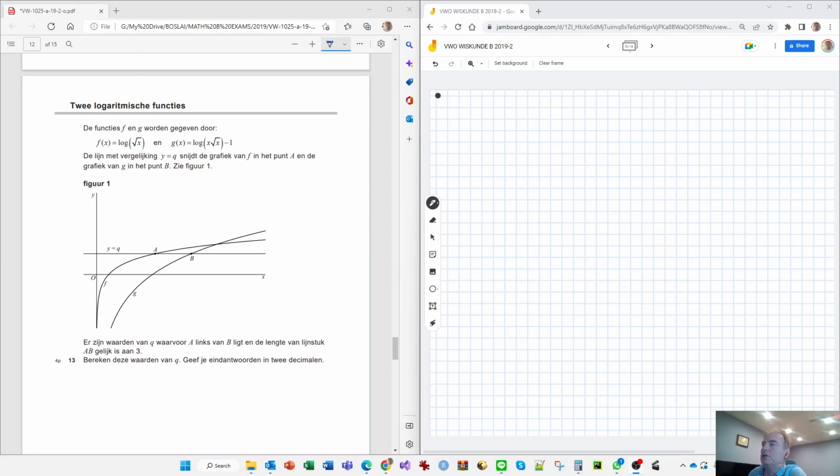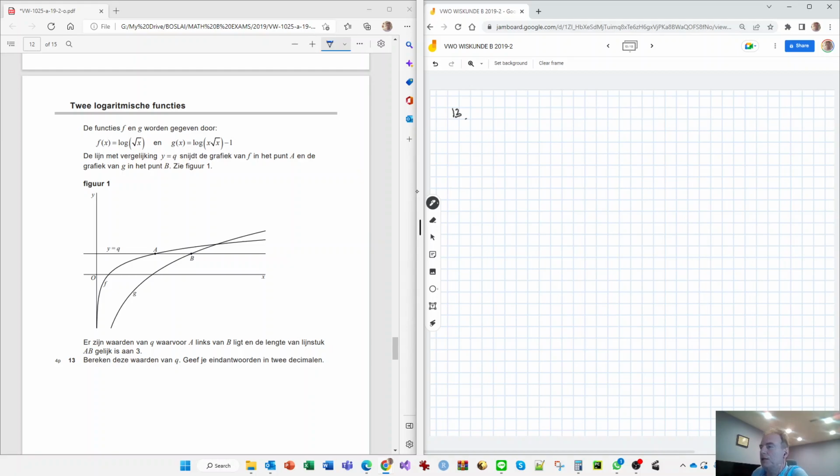Question 13 is about two logarithmic functions. We have a line y is q which intersects at a and b, and there's certain values of q for which a is to the left of b, and the length of AB is equal to 3. Calculate these values of q, give your answer in 2 decimals.